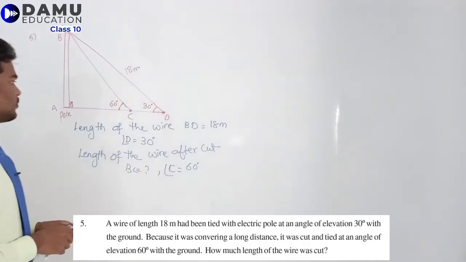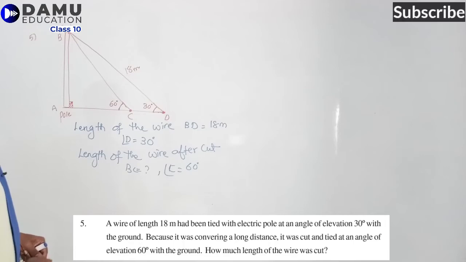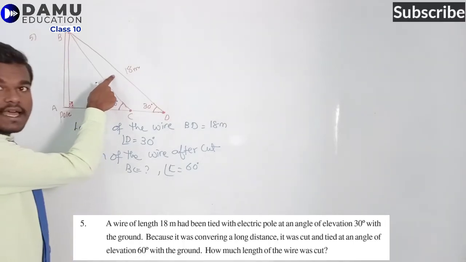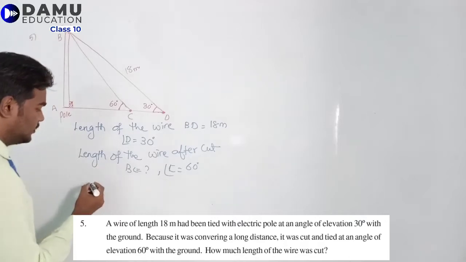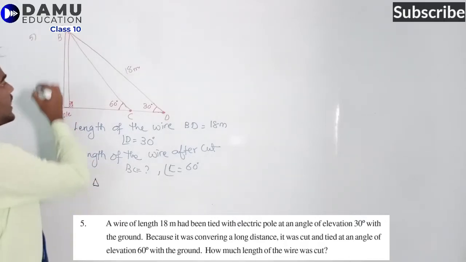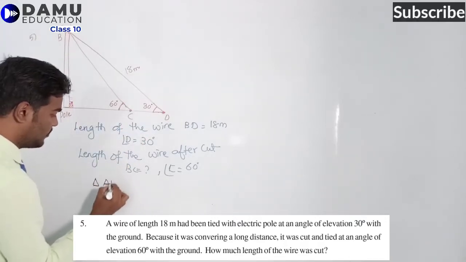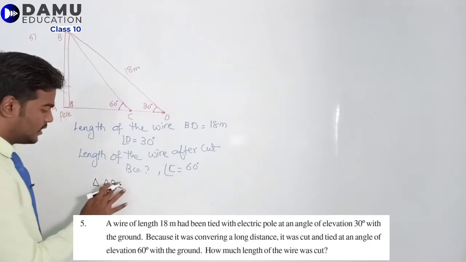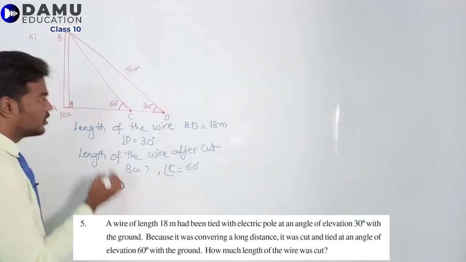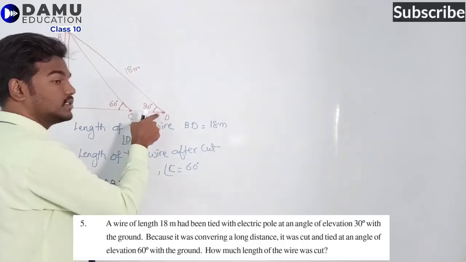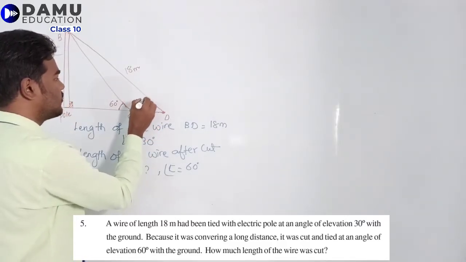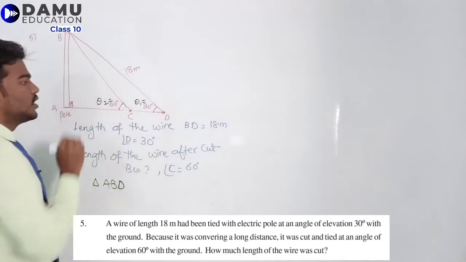So first, let's take this in this manner. Let's take the hypotenuse they have given and the opposite side. Let's consider triangle ABD. In that, let's consider this as theta 1 and this as theta 2.